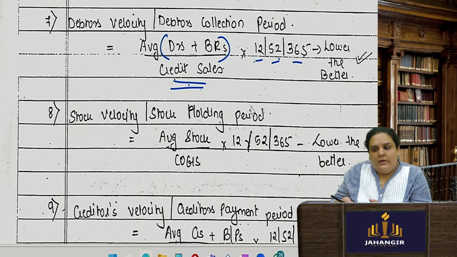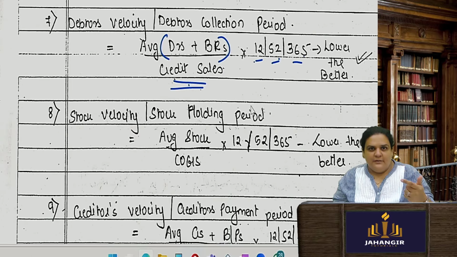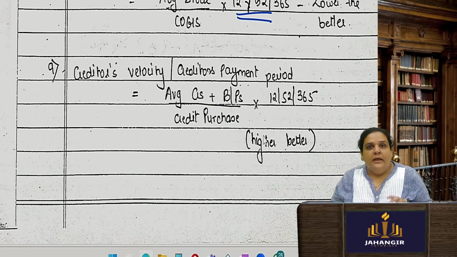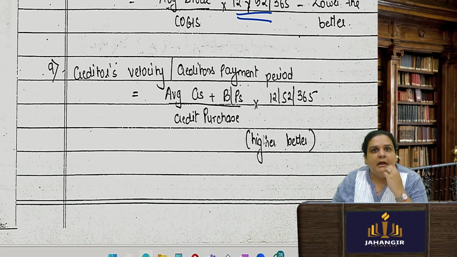Same is stock holding period. For how many days I keep the stock in the company before selling. So again, reverse: average stock upon your COGS into 125 or 365, whatever is given in the question. Lower the better. And creditors payment period: in how many days I am able to pay my creditors.